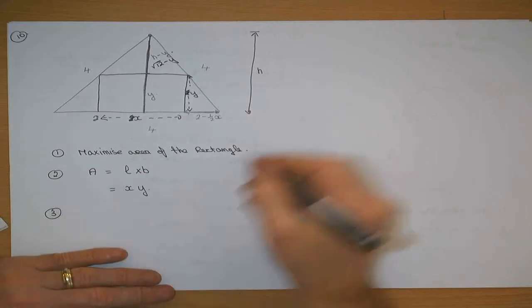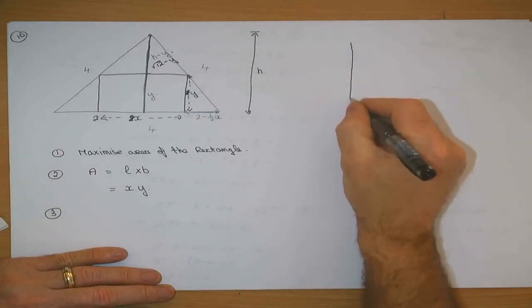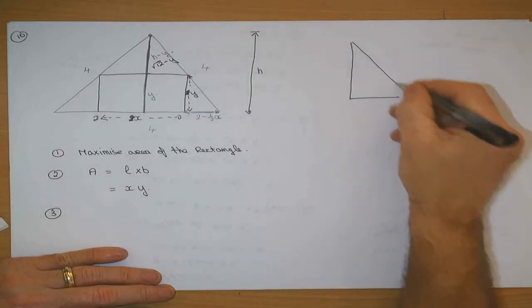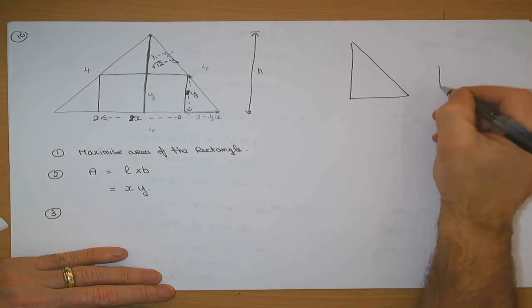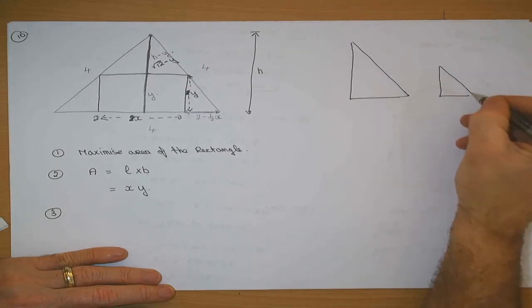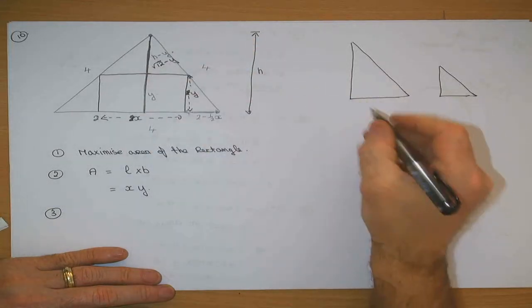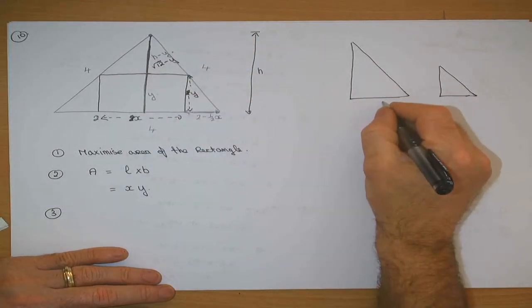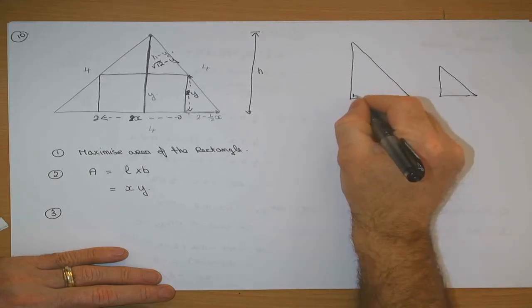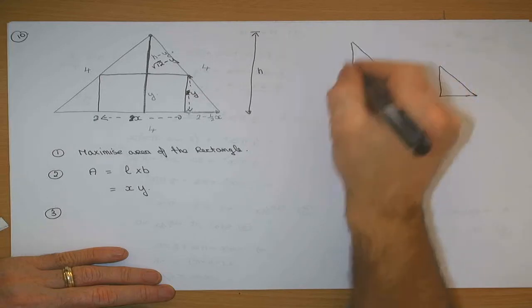Now, I need x in terms of y or y in terms of x. So I have equiangular triangles there. Or similar triangles. That's that big triangle there. What's that distance from there to there in it? 2. That's a right angle. What's that distance?